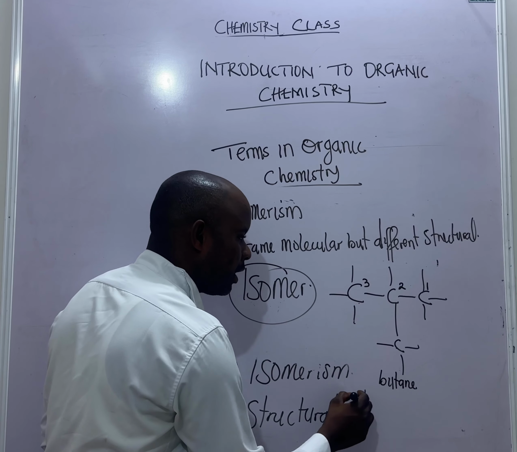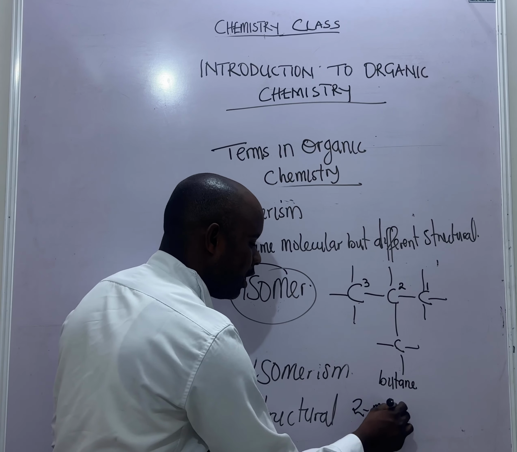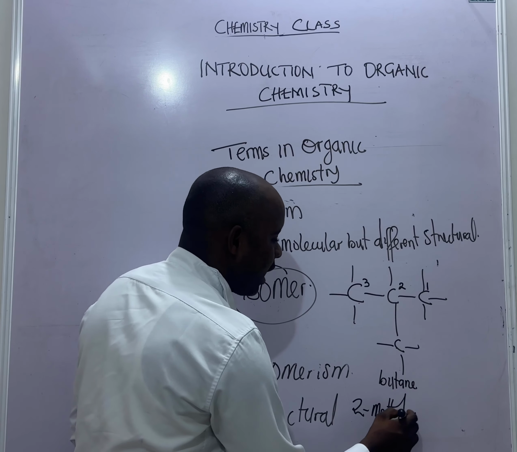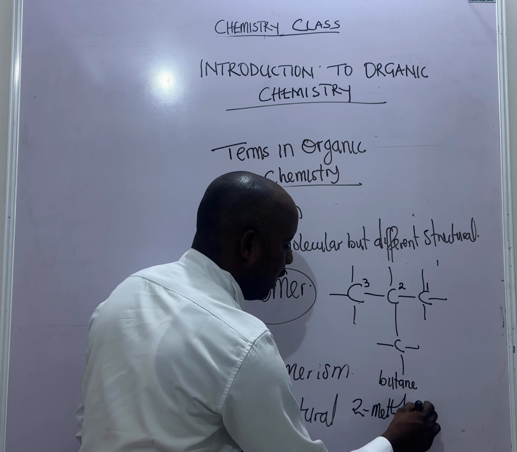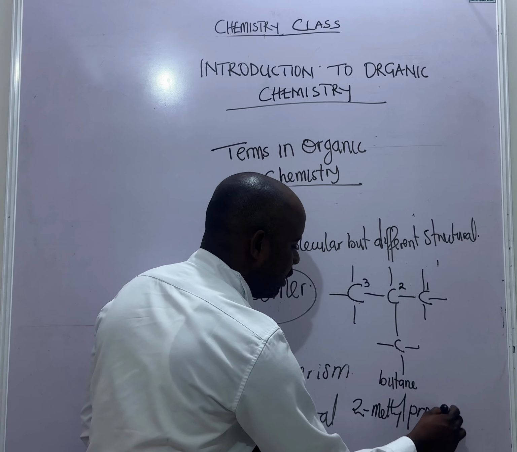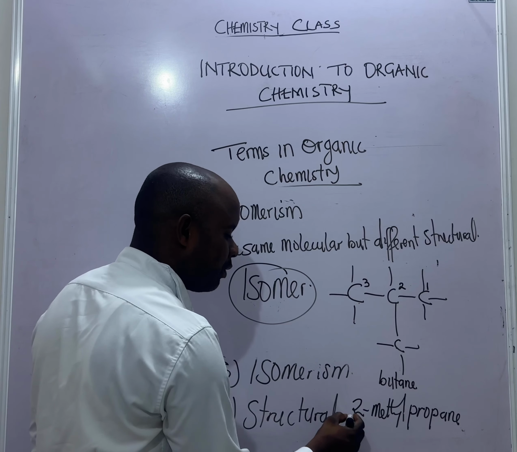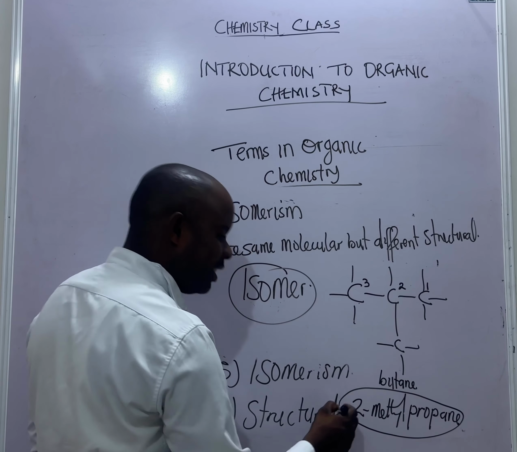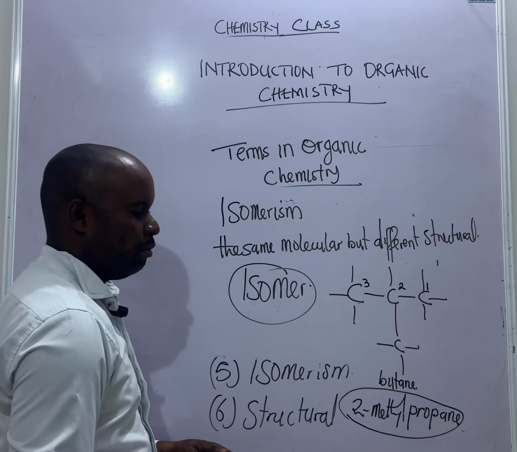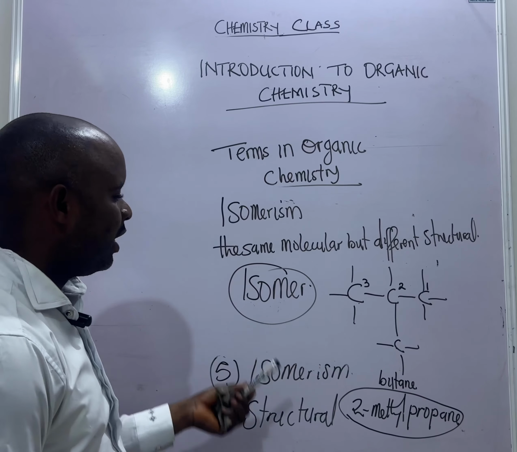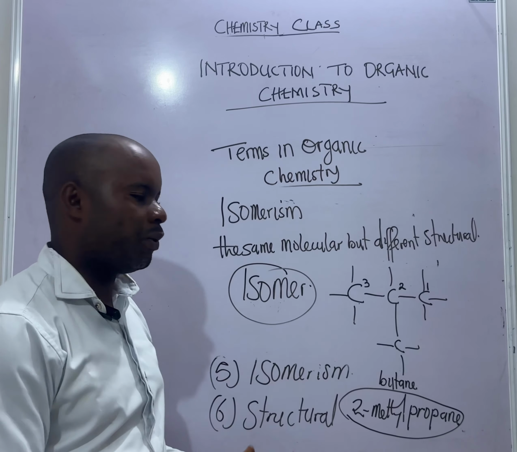We can name this compound as 2-methylpropane. You can see that because of this structural arrangement of this compound, we have arrived at this compound, instead of saying this is butane. So in this aspect, isomerism increases when the number of carbons increases.